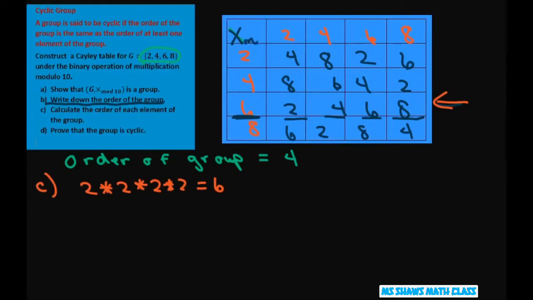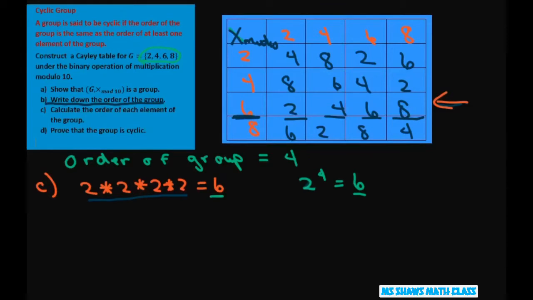That means the order of the element 2 is 4, because 2 to the 4th power equals 6, because you want to get your identity element here.